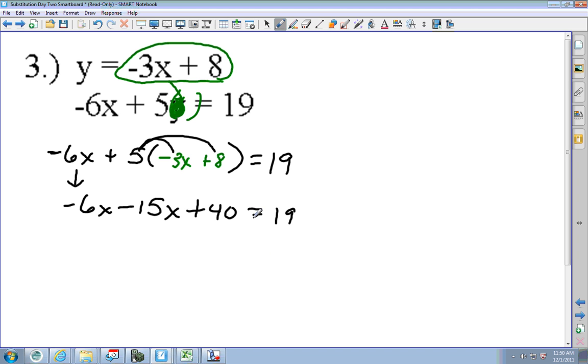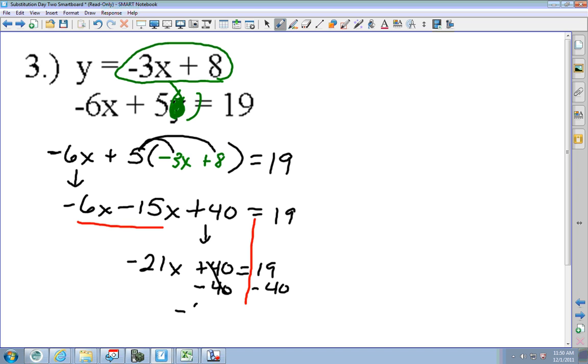Okay, now we're putting our x's together. Negative 6 minus 15 is negative 21x. Bring down the plus 40 equals 19. You subtract 40 from each side.